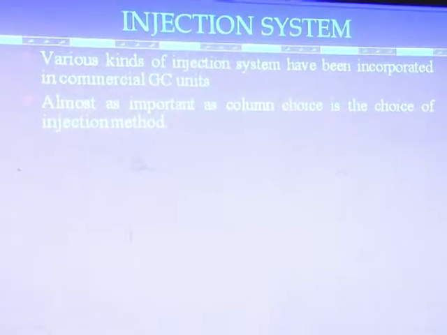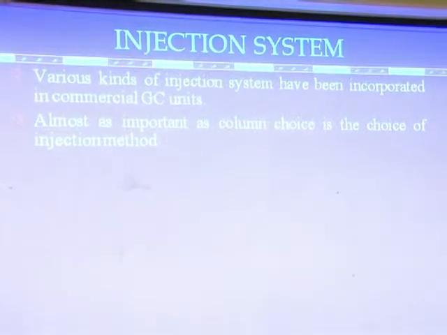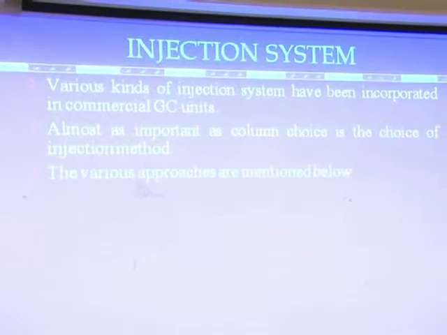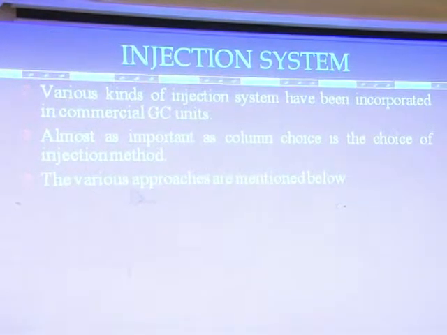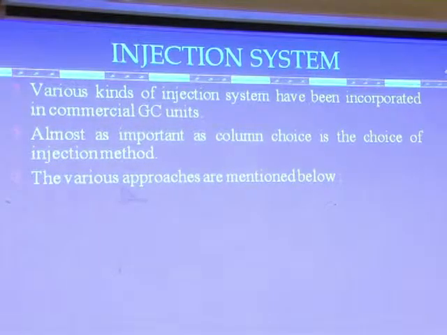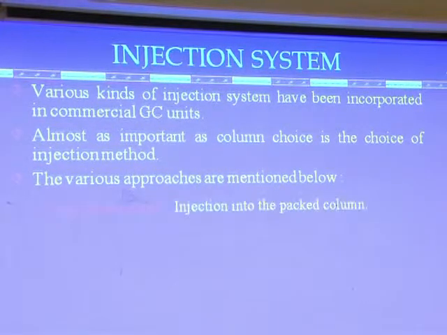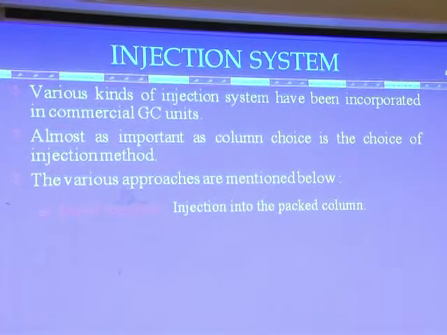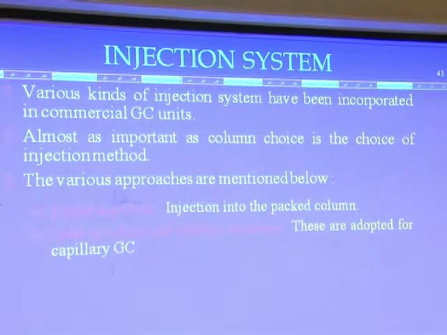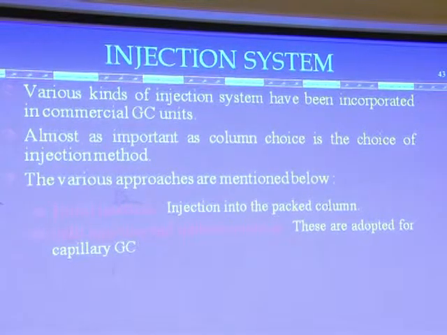So you have to realize that introduction of sample is as important as the column itself. And the various approaches are mentioned below. Number one is direct injection. When it is packed column, you can do direct injection with the syringe. But if it is capillary, then you have next.